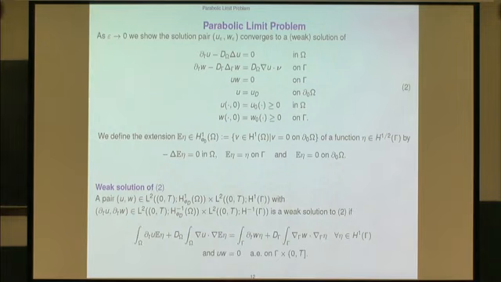So if I have a function eta in H^{1/2}(gamma), I'm going to define its extension to omega in this way here. So it's a harmonic extension. Then I can call a weak solution of this problem any pair U and W in these spaces with the time derivatives in these spaces that satisfy this weak formulation here. And I also have that the product UW is 0 almost everywhere on gamma cross (0,T).